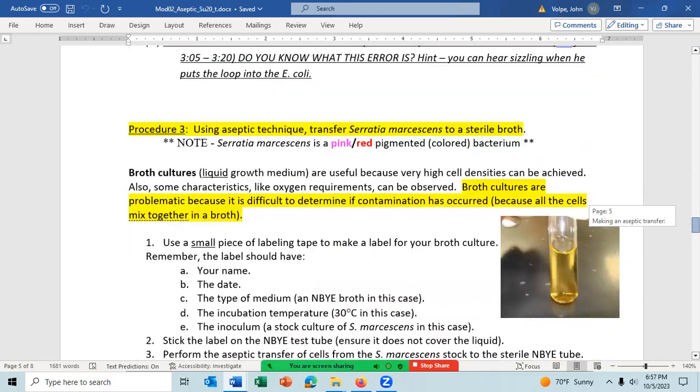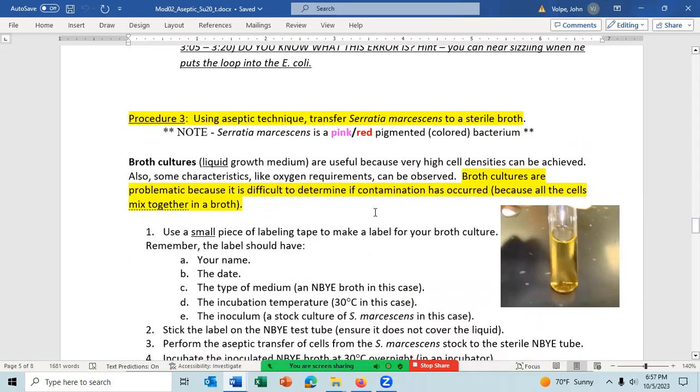So for procedure 3, we're adding Serratia marcescens to a sterile broth tube. And Serratia marcescens will be pinkish when it is grown in a broth tube. Broth cultures are problematic because it's difficult to determine if contamination has occurred because all the cells are going to mix together in a broth.